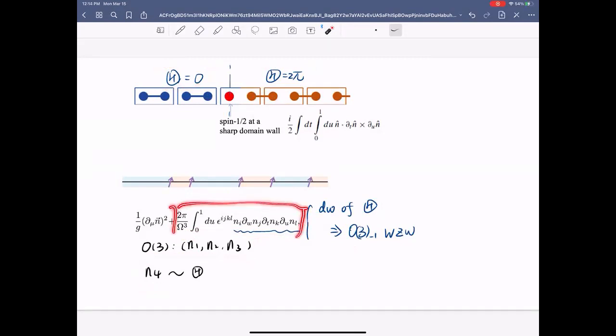And the existence of this O4 Wess-Zumino-Witten term actually reflects the fact that whenever we have a domain wall of theta, where theta jumps from 0 to 2 pi or vice versa, the domain wall of theta would capture a zero-dimensional O3 Wess-Zumino-Witten term, which interprets a spin 1/2 degree of freedom. So does it answer your question?